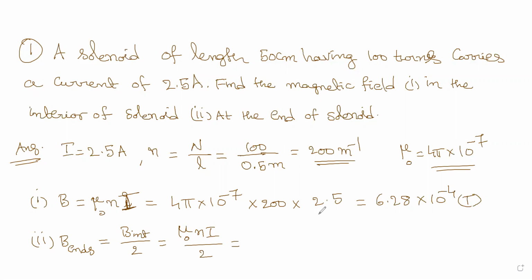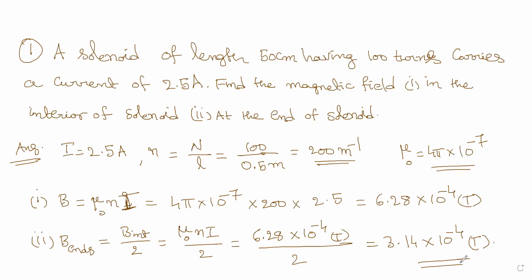We just calculated mu naught n I as 6.28 into 10 to the power of minus 4 Tesla, divided by 2, that is 3.14 into 10 to the power of minus 4 Tesla, and hence the answer. You can pause the video and note the answer. So let's move on to the next one.